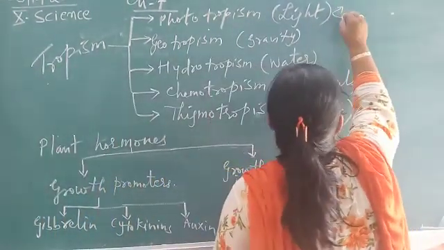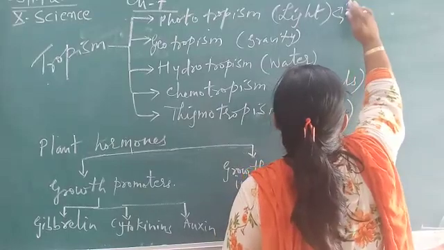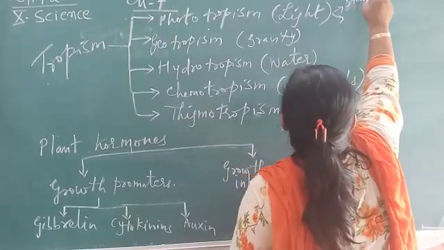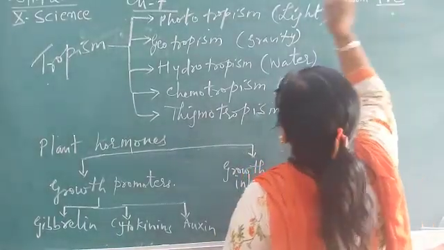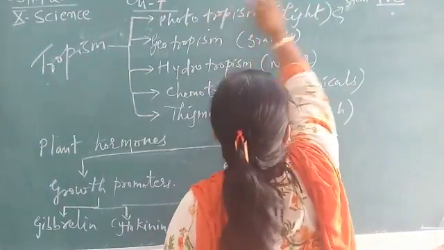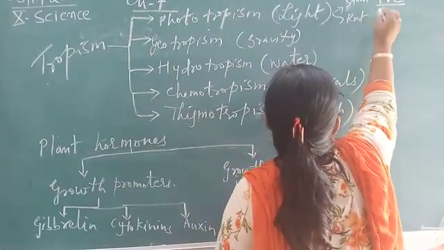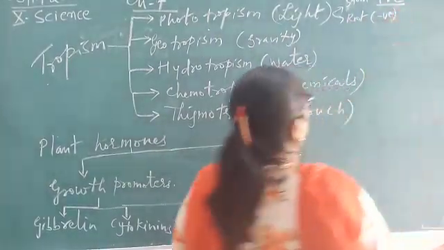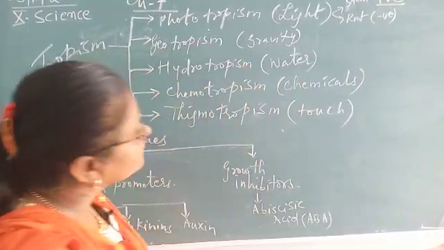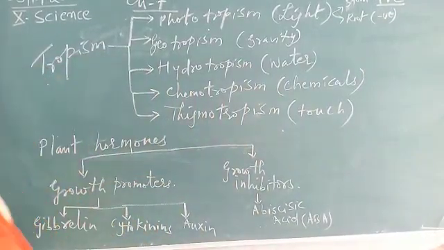So here the root and shoot. The shoot means the stem. The stem shows positive phototropism because it is always in touch with the light, and the root that is inside shows negative phototropism. Got it?